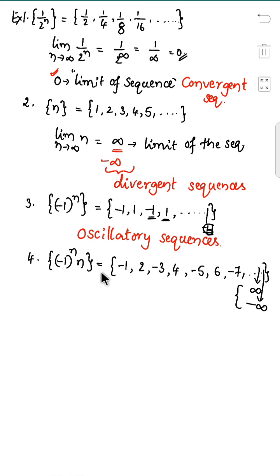So as you can see, in oscillating sequences there are two types: finite oscillation and infinite oscillation.